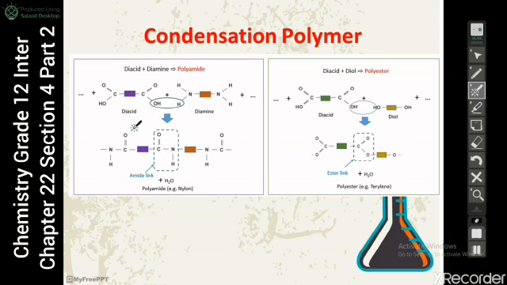Why must each monomer contain two functional groups? This is a diacid. The first carboxyl group forms a water with this amine, and the second carboxyl group will form a link with another amine here. And this amine is going to form another water molecule, another link with another acid here.